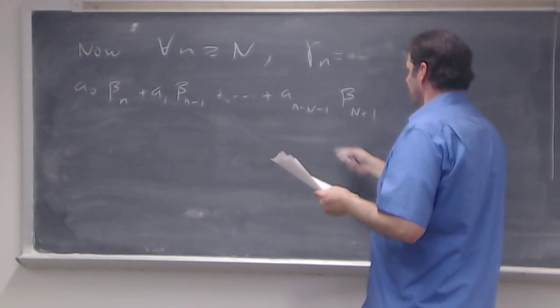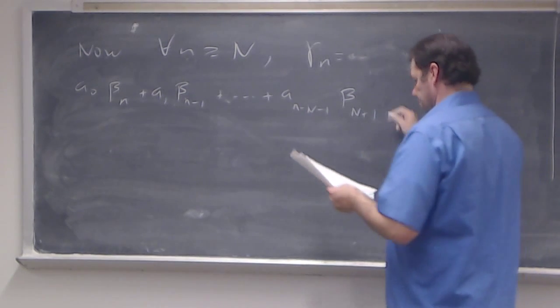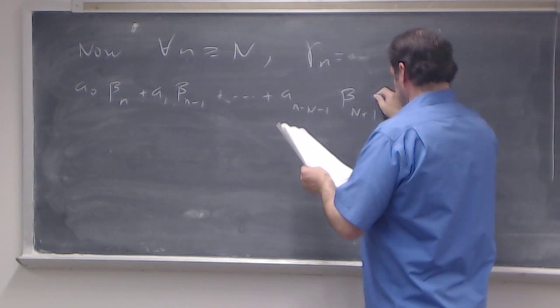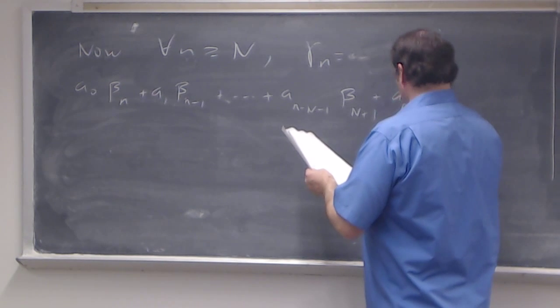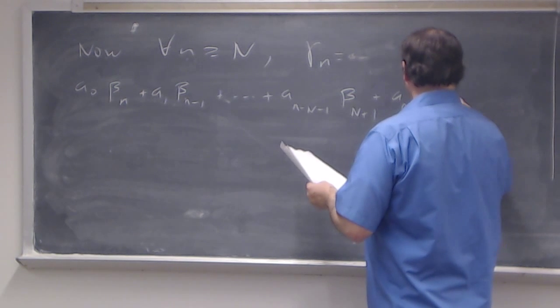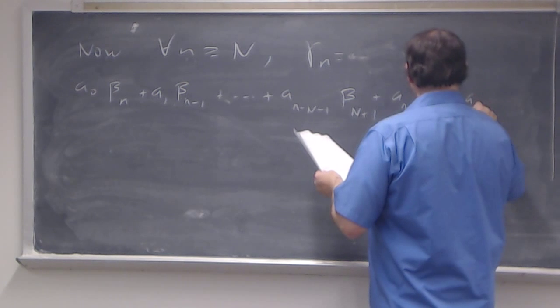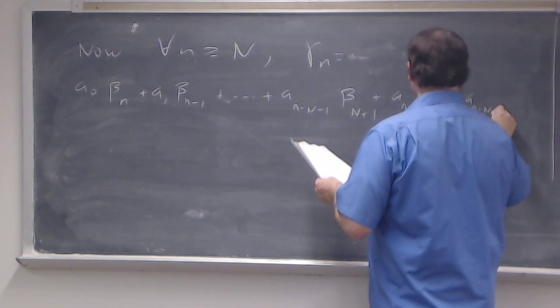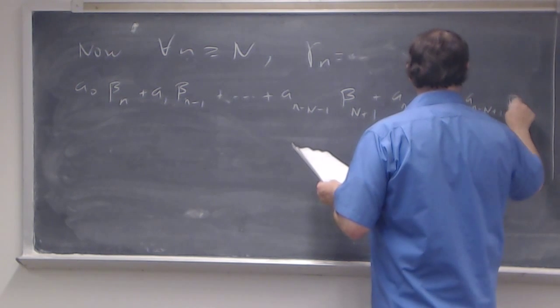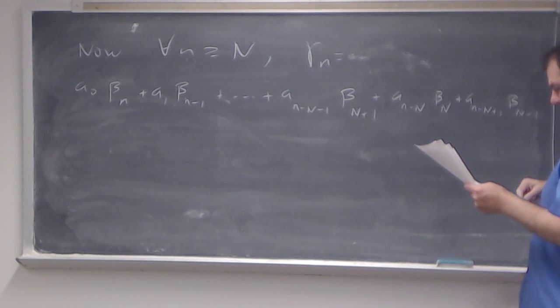Plus 1 is what it should be. You know, these indices always add up to little n. Plus, the next one is A sub n minus big N times beta sub big N, plus A sub n minus big N plus 1 times beta sub big N minus 1.